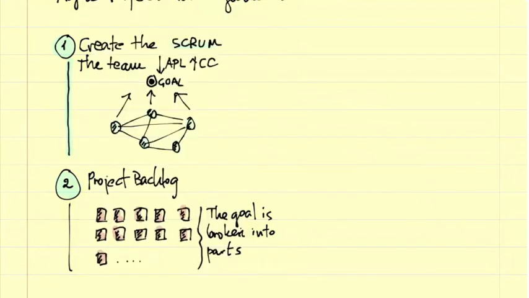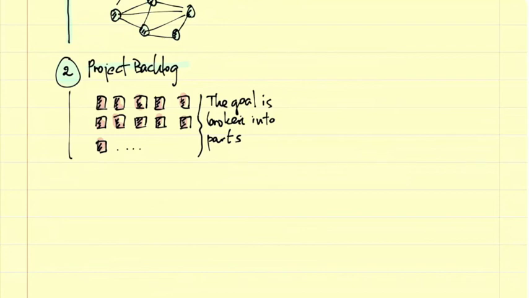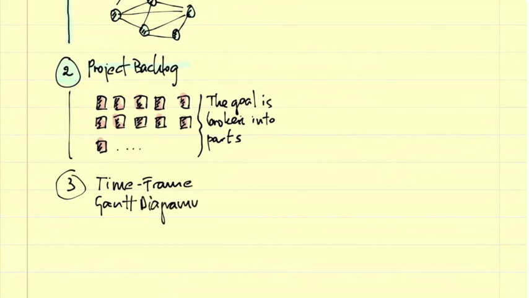Once you have it, you put your activities into a time frame. We have learned this is called Gantt diagram. The way to do it is just to put your activities like this.